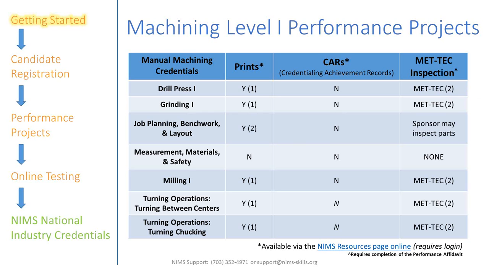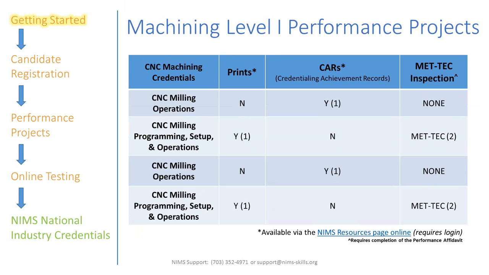Next, let's look at the Machining Level 1 CNC certificates. As you see, half use prints and half use CARs. The certificates that include machine programming and setup require that the individual machine a part, and then that part is to be checked by 2 MET-TEC inspectors.